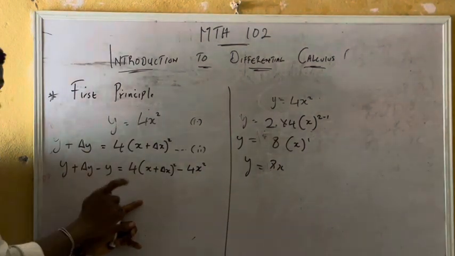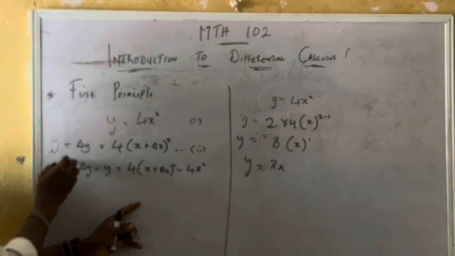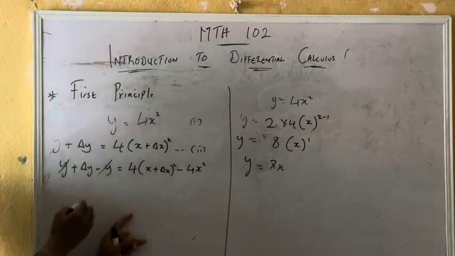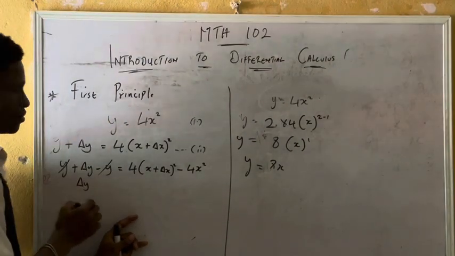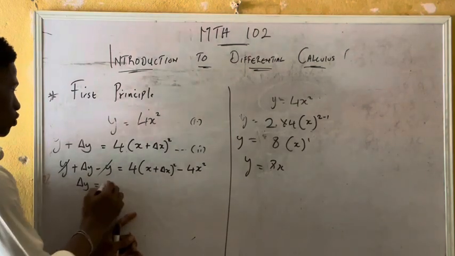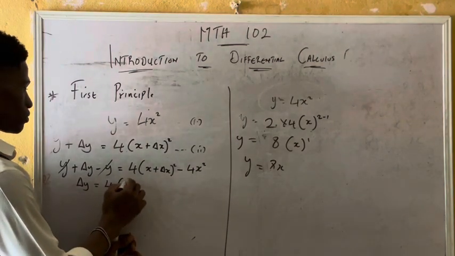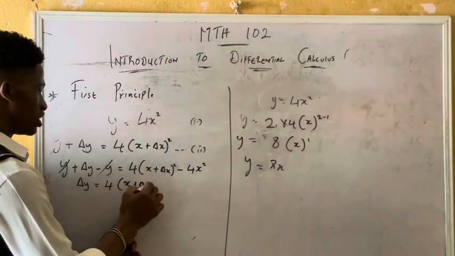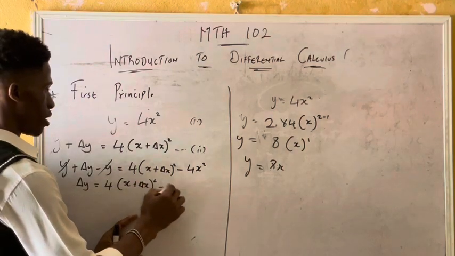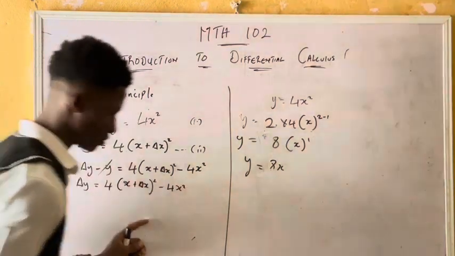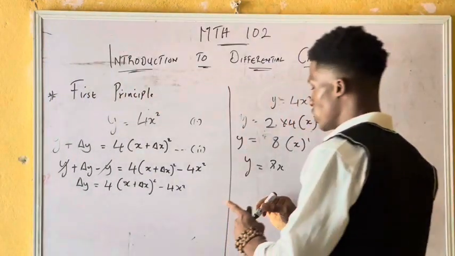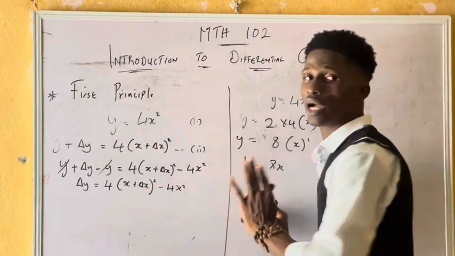Now, what do we do next? We take care of y minus y, so we are left with change in y. Change in y is equal to 4 brackets x plus change in x all squared minus 4x squared.